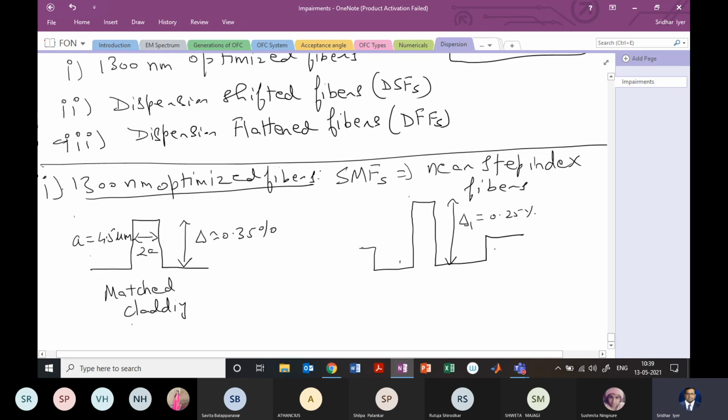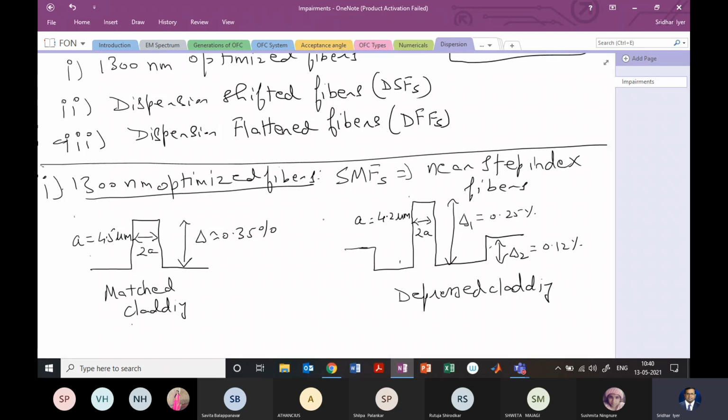This is around 0.25%, and then you also have one delta 2 inside the core and cladding again, which is around 0.12%, and this is the diameter of the core, and radius is about 4.2 micrometer. This kind of profile is known as depressed cladding, and you can see why it is called depressed cladding, because in the clad we have more of a depression in terms of the refractive index profile, right?